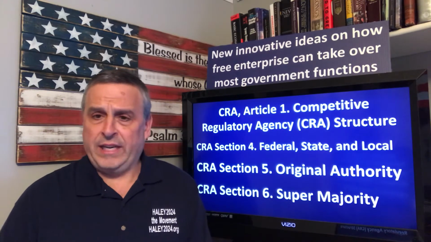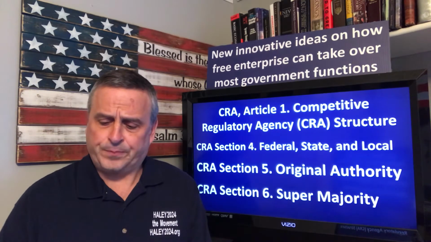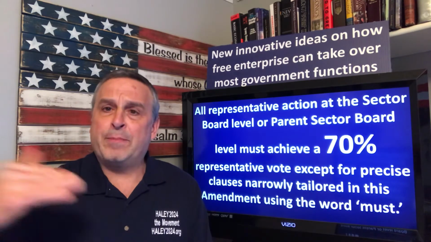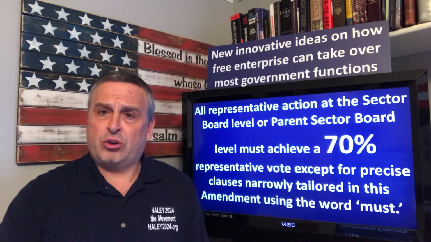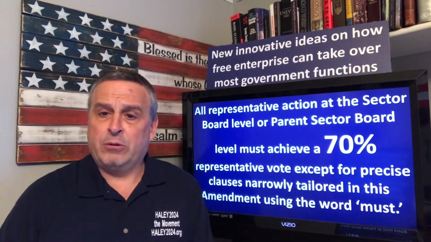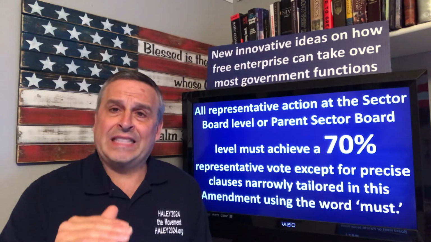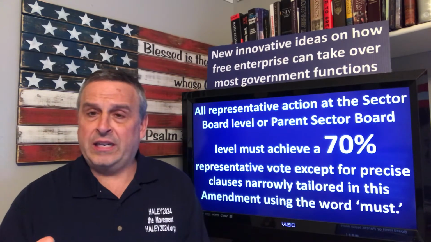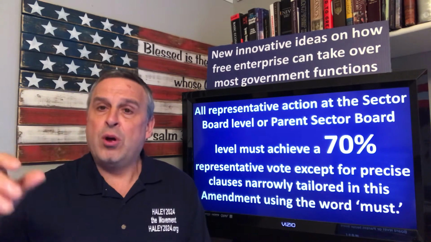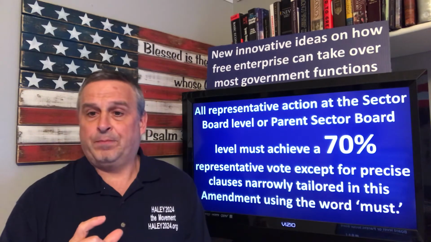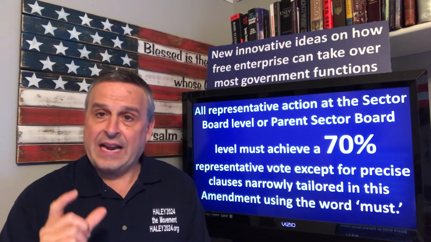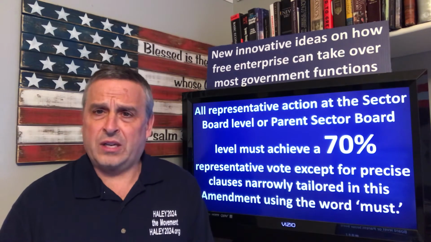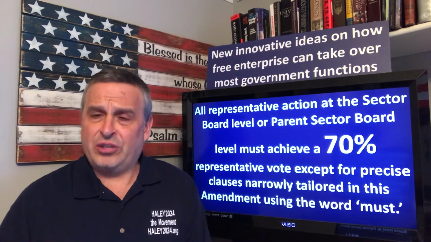The supermajority is going to be so huge. You need 70% to do anything at the monopoly representative level to cross everything. Now, the governing still happens at the CRA level, but the regulation happens at the sector board level for very few things that need to be done, and that needs to have a 70% majority. And only with negative externalities.